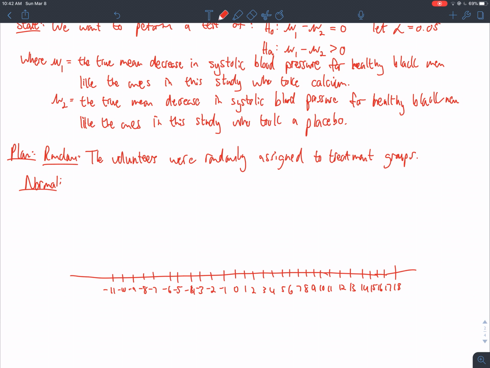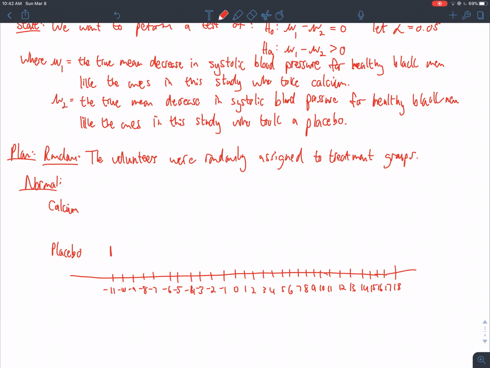This was a big part of our chapter 1. Make sure you can do graphs properly. Your displays have to be proper displays. And then let's say we do the calcium box plot up here, and we do the placebo box plot down here. So let's do the placebo. I think if you do that, you get a minimum of -11.